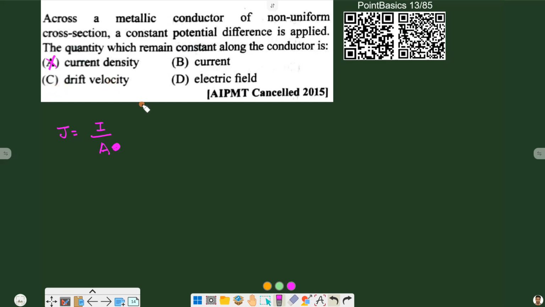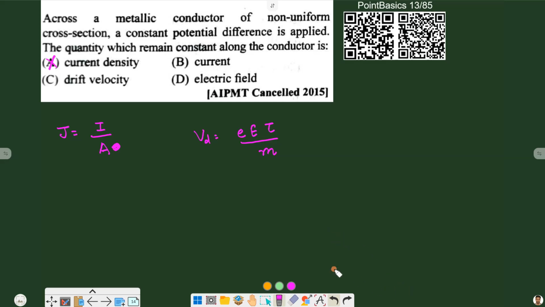Going to the drift velocity, v_d is E tau by m. So it depends upon the electric field. So drift velocity will be constant provided the electric field remains constant, but the electric field will be variable. Why will it be variable?